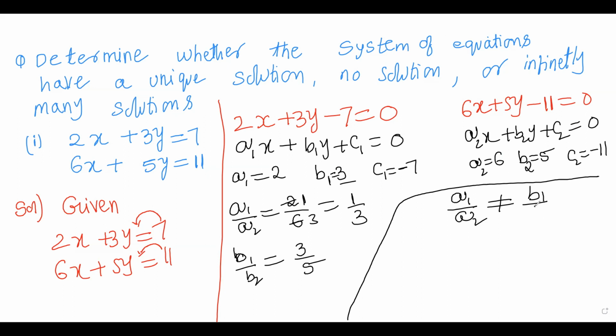When A1 by A2 is not equal to B1 by B2, there is no need to find C1 by C2. Here itself we can conclude that the lines are intersecting.